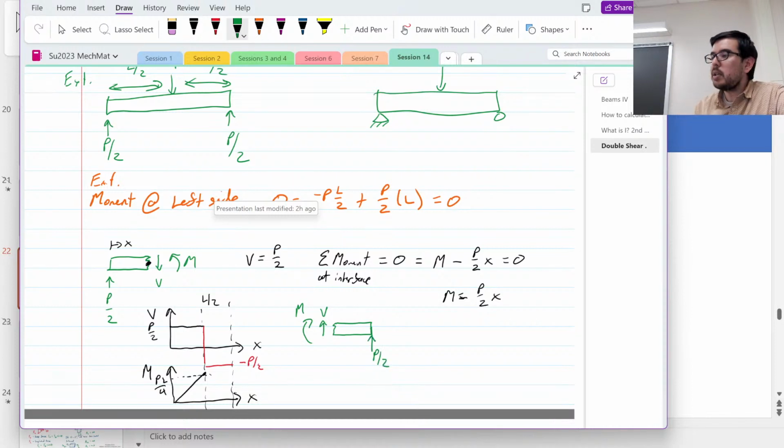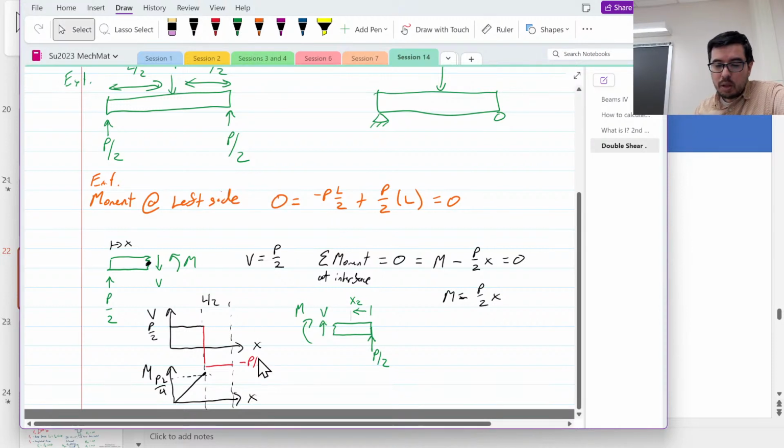And this is where it gets a little bit tricky. I'm probably going to say I have a new X, we'll call it X2, coming that direction. So from this right side at X equals L, it's going to the left.